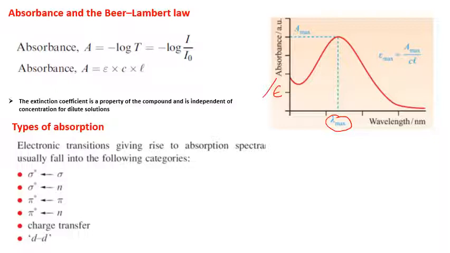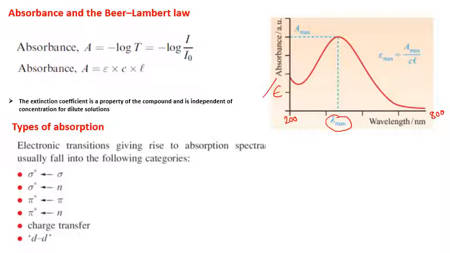Now, the normal UV range you can record in a typical spectrophotometer is from 200 to 800 nanometers. Some higher quality machines can record up to 1000 plus nanometers, but the typical range is 200 to 800, and among them 400 to 800 is the visible range.